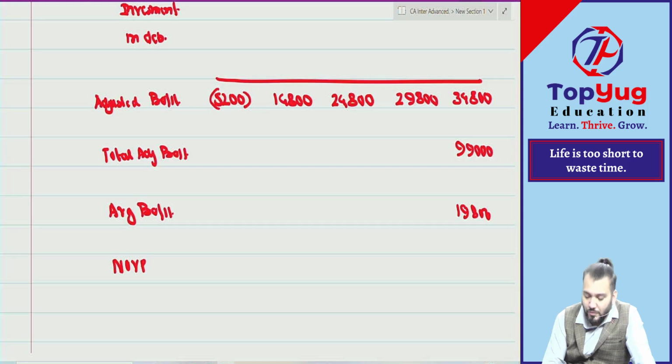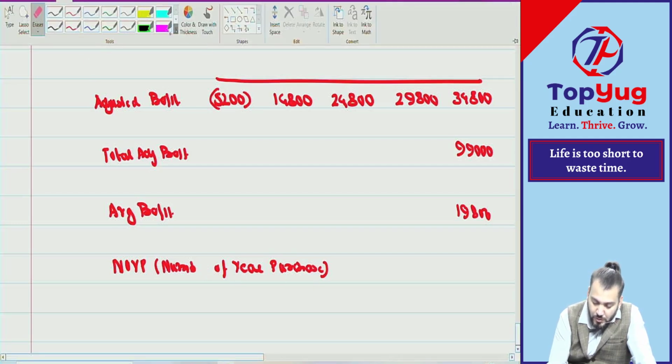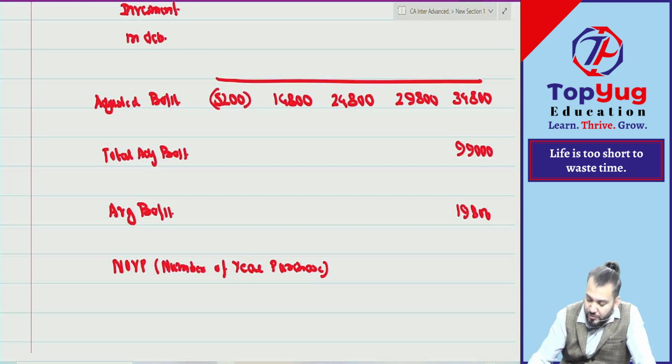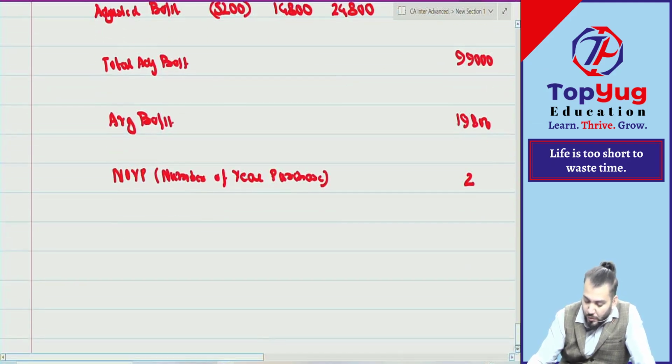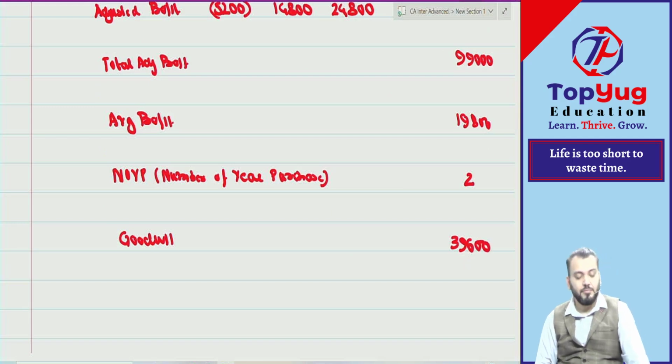Write down number of years purchase. It means for how many years you expect goodwill to remain. Understood? Number of years purchase, so what is the value of goodwill? 39,600. Done. Very simple. Correct. Any doubt?